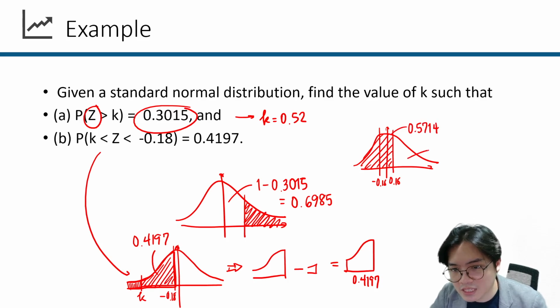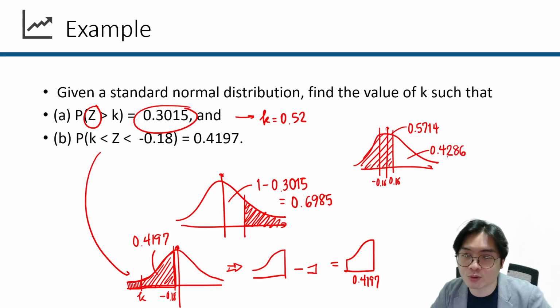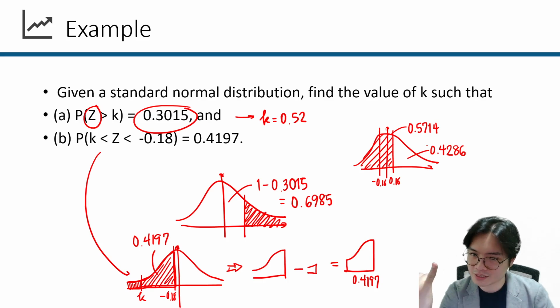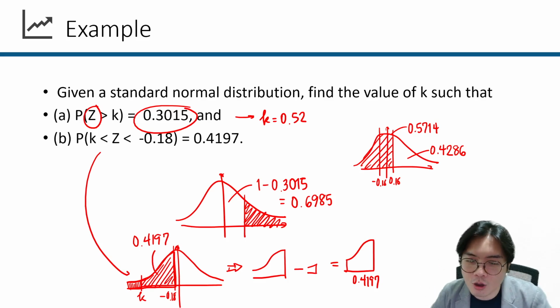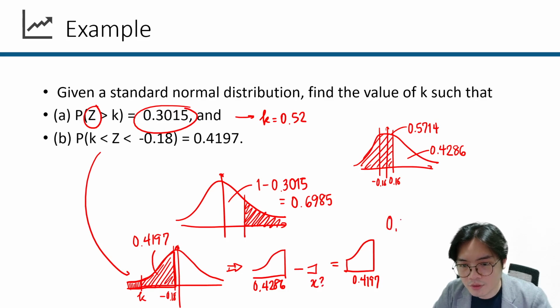And by the law of inverses, this should be 0.4286. But again, if we flip it like this, this is going to be 0.4286 as well.